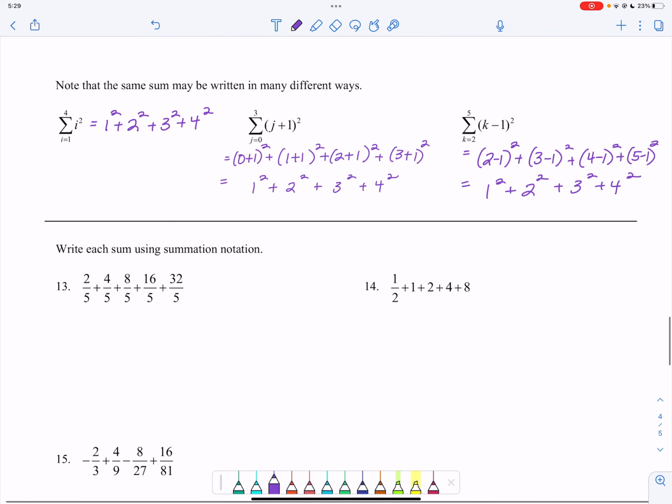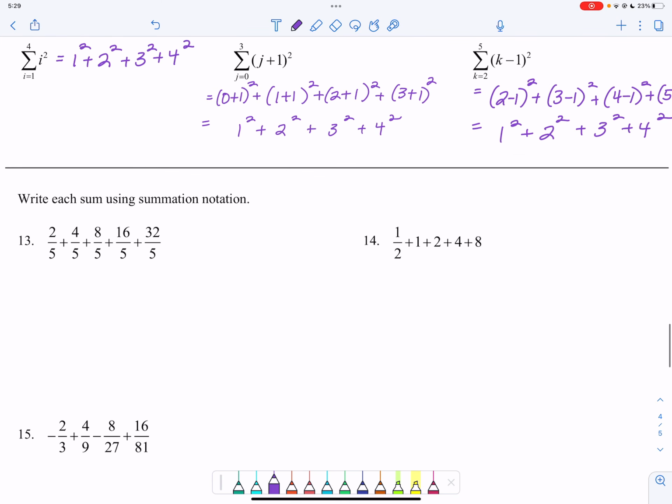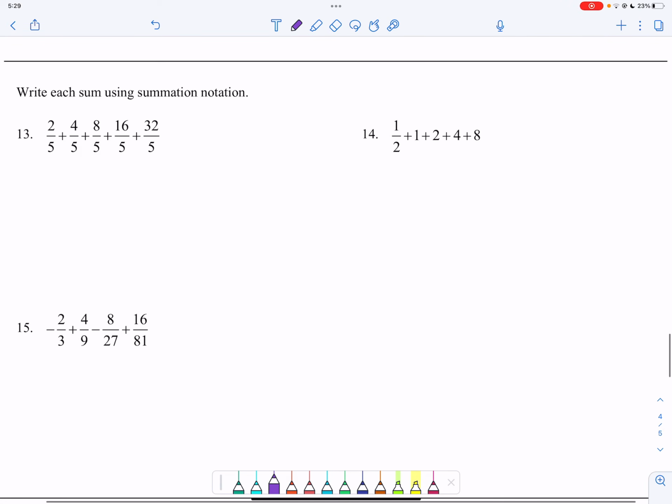Okay, now let's go the other way. Let's look at these series and these sums and see if we can go the other way. So as you can notice, let's take a look at the numerator. The numerator is 2 to the first, 2 to the second, 2 cubed, and so forth.